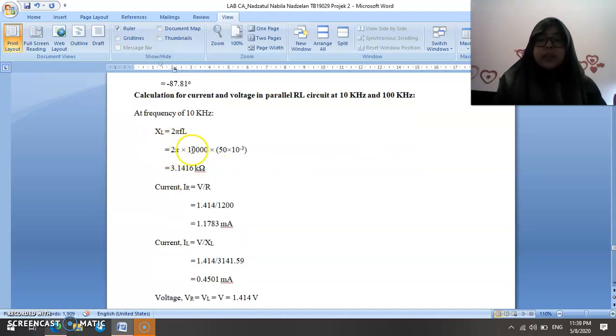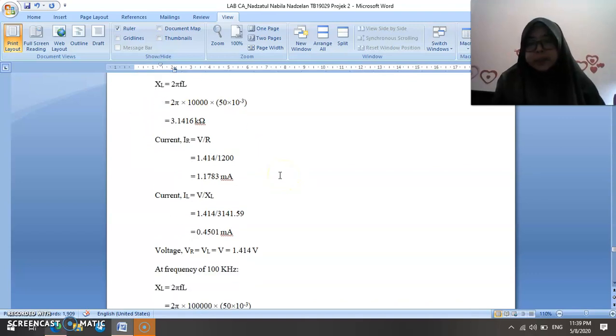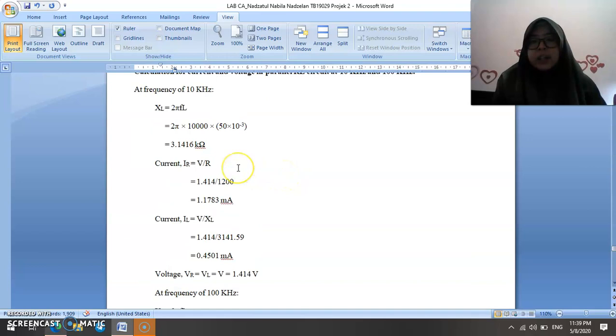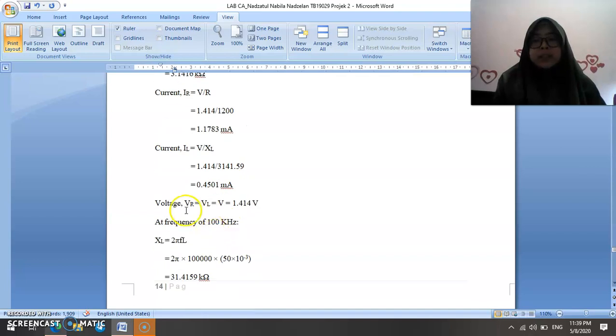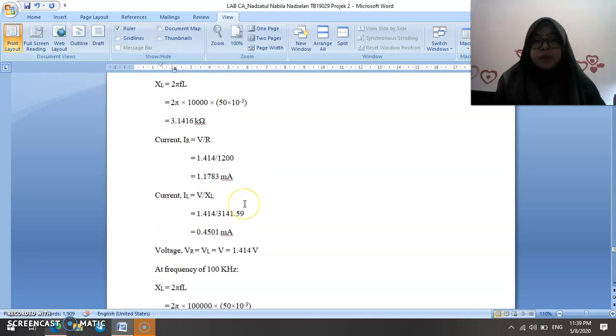The formula was the same as above: XL equals 2 pi times frequency times inductance. In parallel, the current was calculated differently, meanwhile the voltage is the same across each component, which is 1.414 volt.